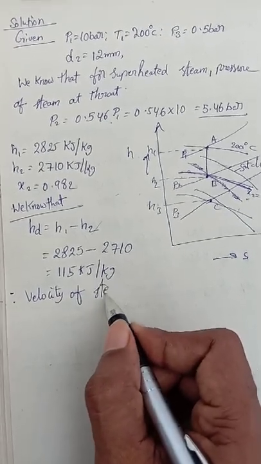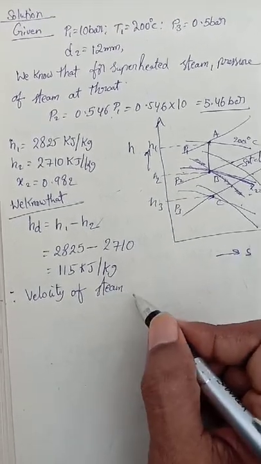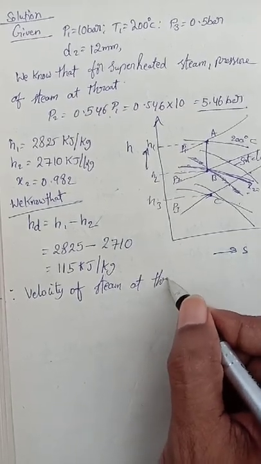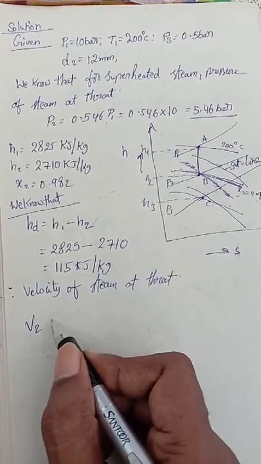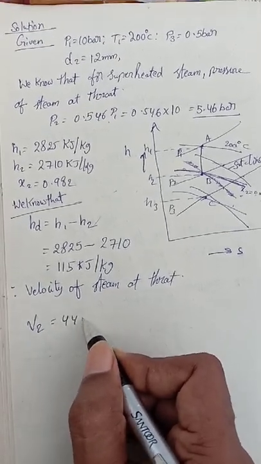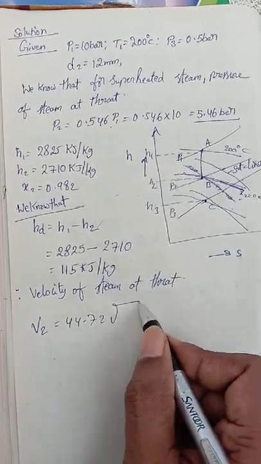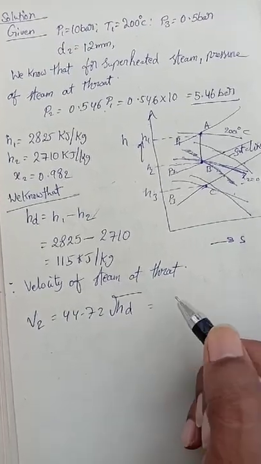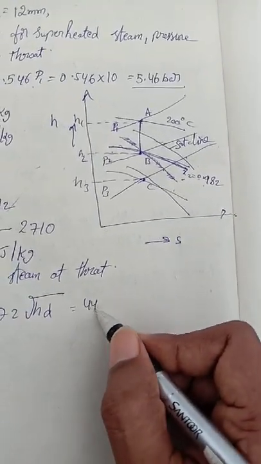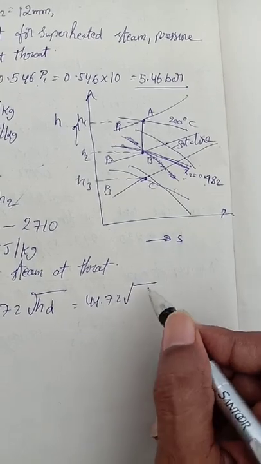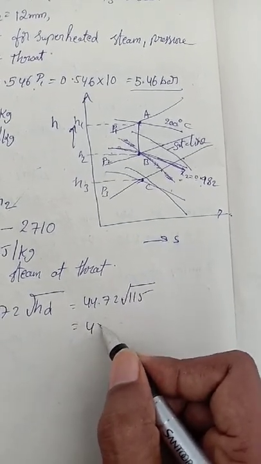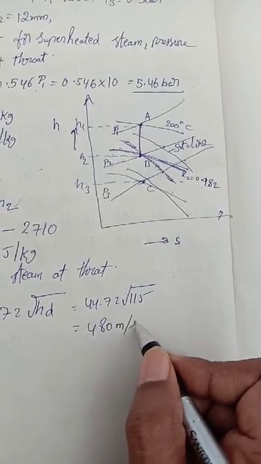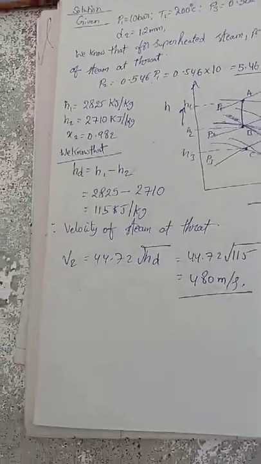Okay, now therefore the velocity of steam at throat is equal to, you know this equation very well. Now substitute the values in here, so calculate this, so we'll get the answer.